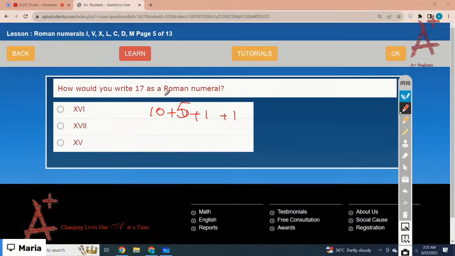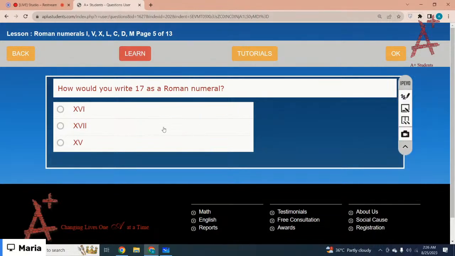You can write 10 as X, 5 as V, then you have I and I, so that makes 17. Second one is the correct option, right?